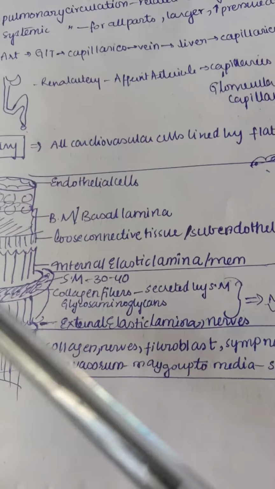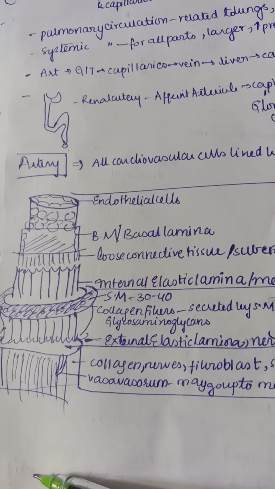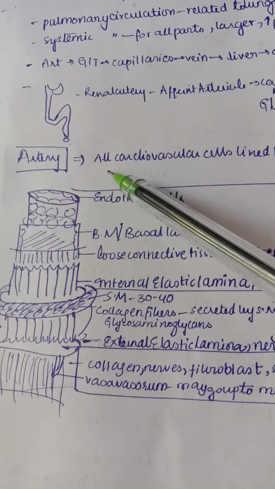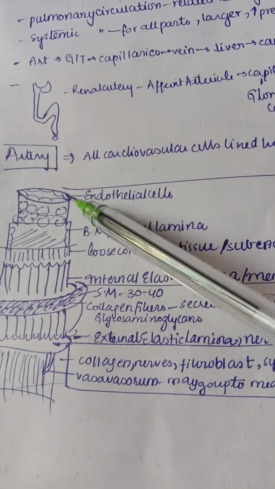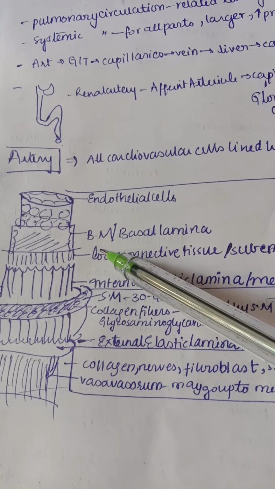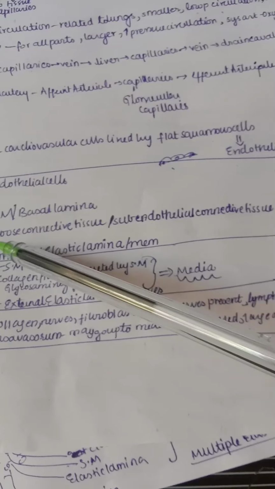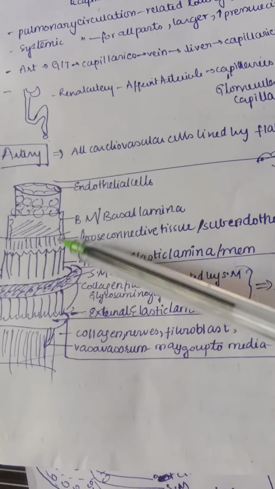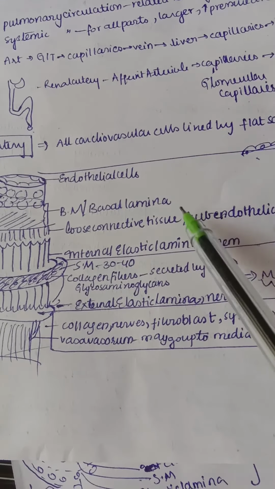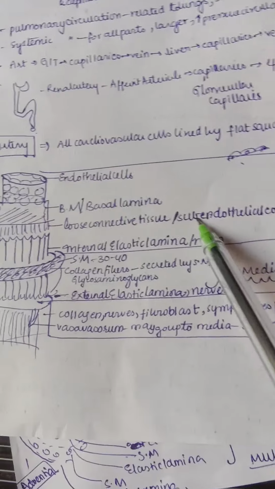Now let us understand the structure of an artery in a histological pattern. First we have our endothelial cells, which are on the basement membrane, also known as basal lamina, and after the basal lamina we have the subendothelial connective tissue, also known as loose connective tissue.